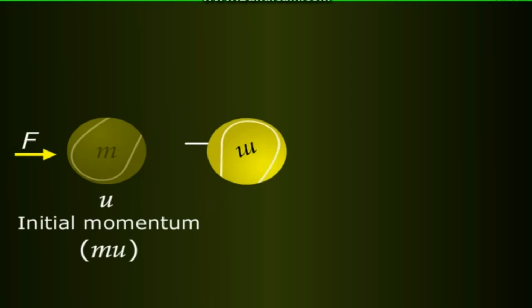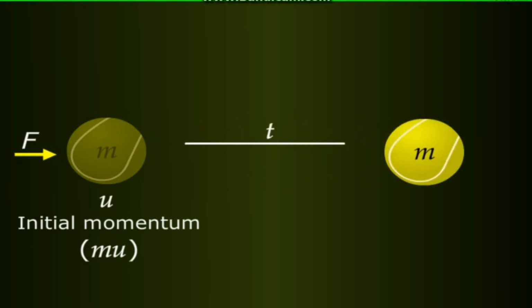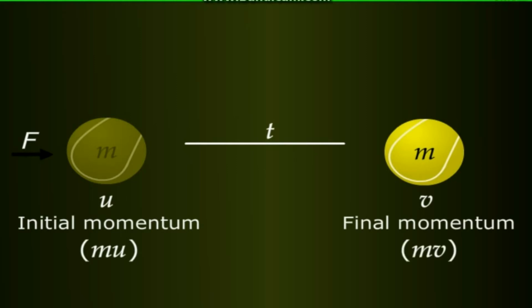Suppose a force F acts on this object for time t, and the object uniformly accelerates to velocity v. That is, the final velocity of the object becomes v. Thus, the final momentum of this object will be mv.